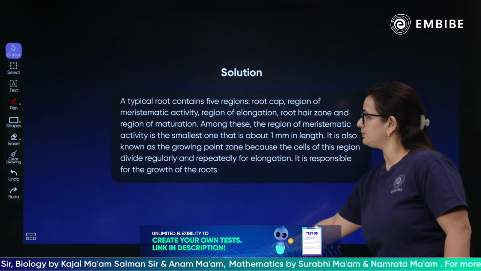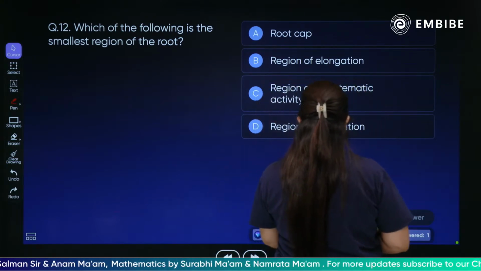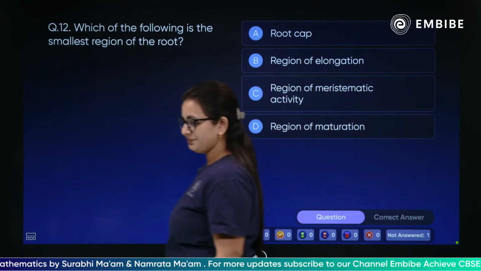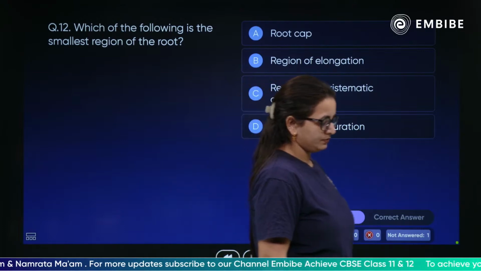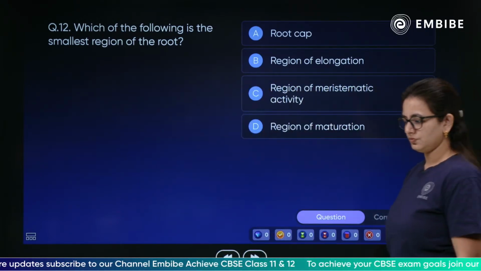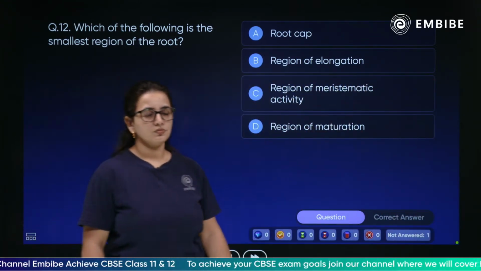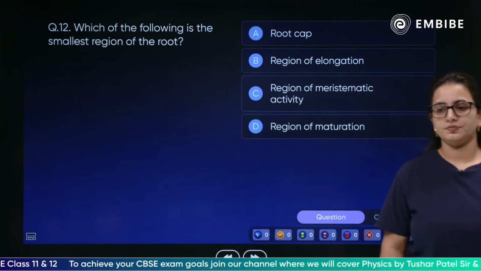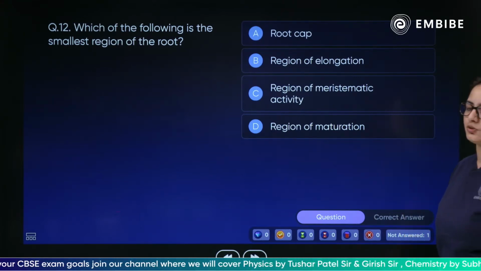Next, which of the following is the smallest region of the roots? Root cap, region of elongation, region of meristematic activity, region of maturation.